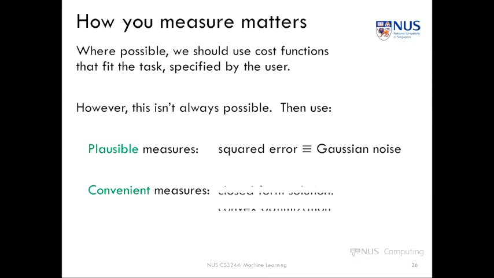By convenient measure, we mean some method of optimization that finds the solution quickly. It could be in the form of a closed form solution or something that aids convex optimization.